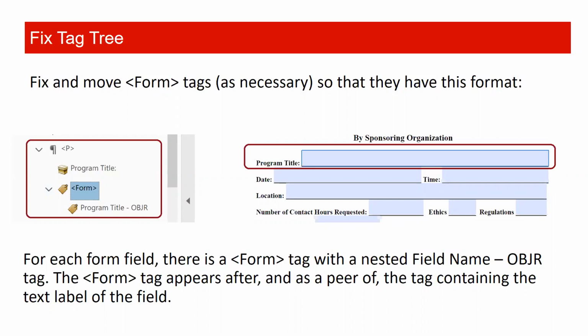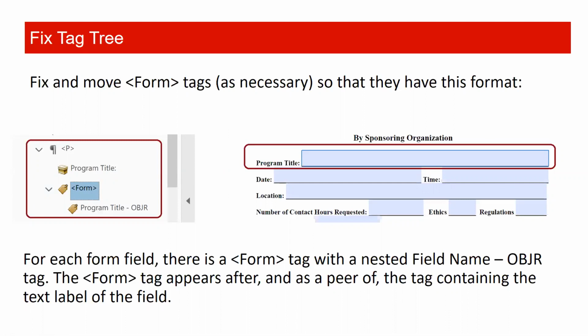So in this case, for the field program title, the relevant tags are a paragraph tag that includes the text program title, then after and as a peer of program title, the form tag for the program title field with the child tag program title OBJR.